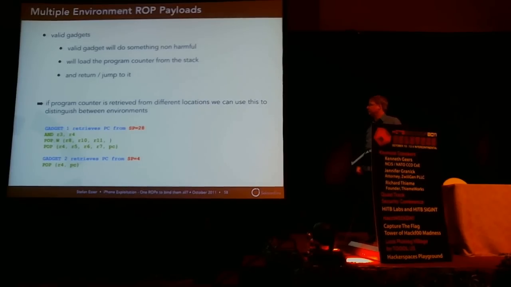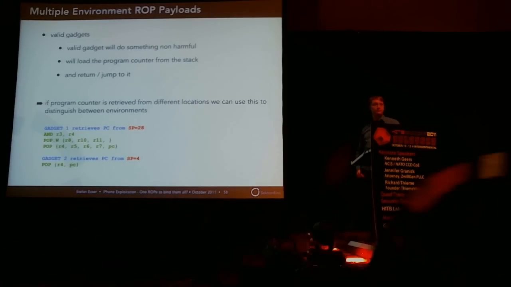jump to it. And the funny thing here is when you find two gadgets in two different environments and they both load the program counter from the stack, but they load it from different areas of the stack, then you can distinguish between both. In this case, I found a gadget that retrieves the program counter from the stack position 28, and in the other case from the position 4.